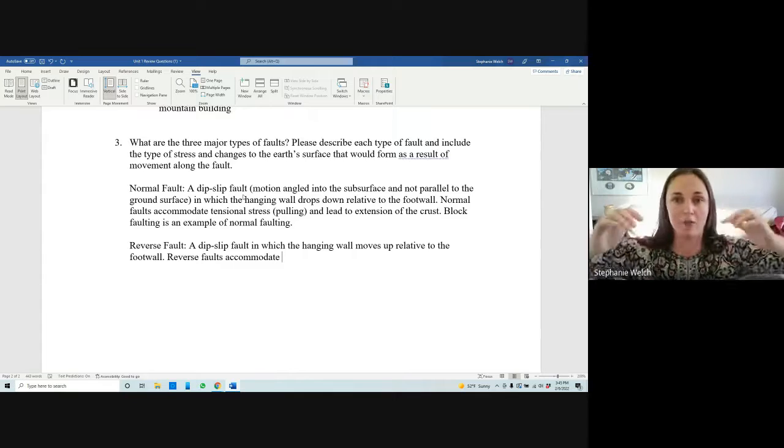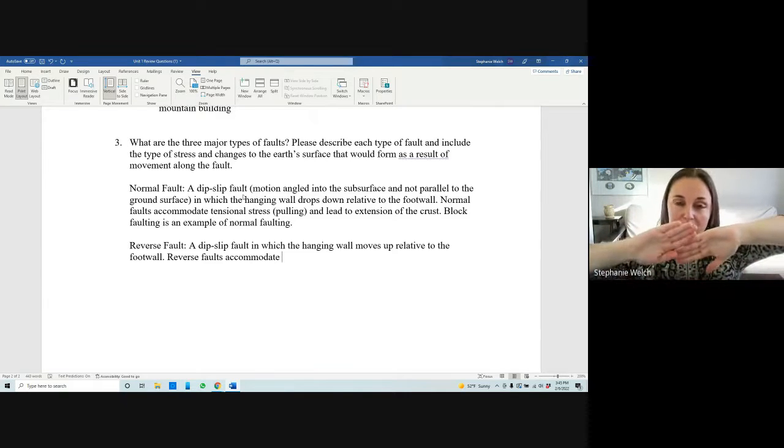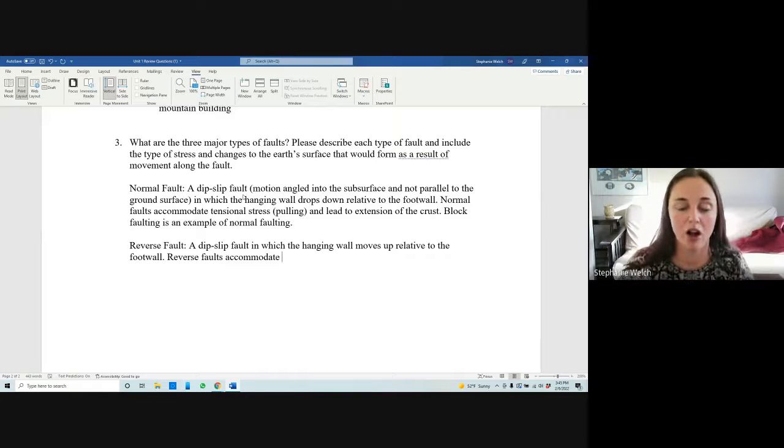So I have to take my arms and actually squeeze my hands together, creating this pushing stress. And we call that pushing stress compression. And these lead to shortening of the Earth's crust.